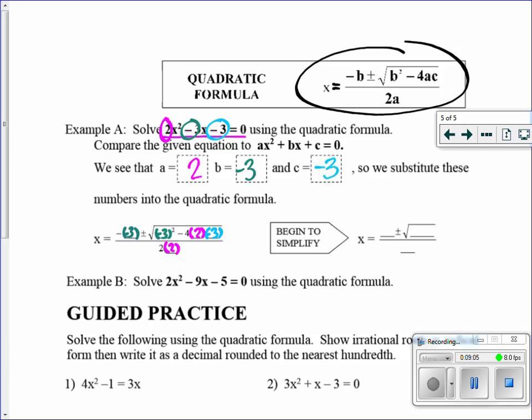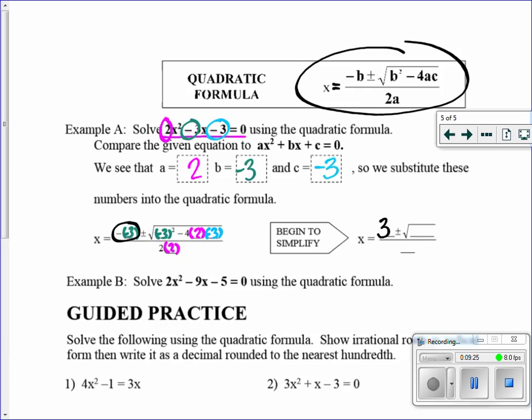And now we're going to go through and simplify it. So this part, a negative and a -3 give you a +3. Underneath that radical, it's -3 squared minus 4 times 2 times -3.